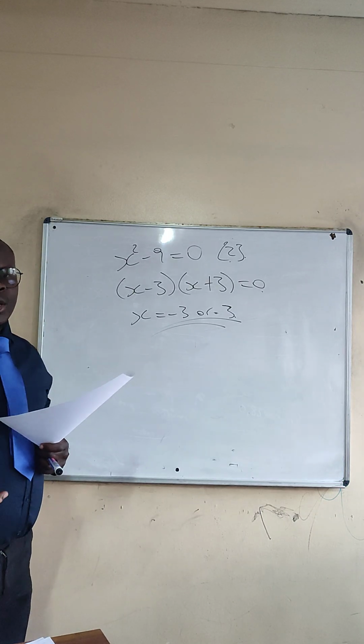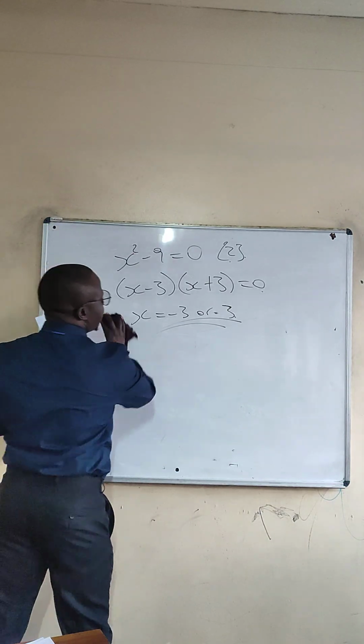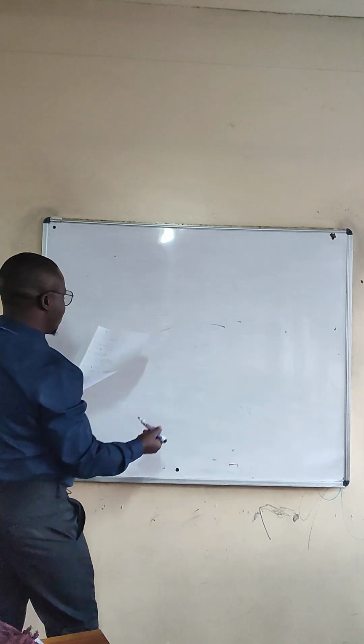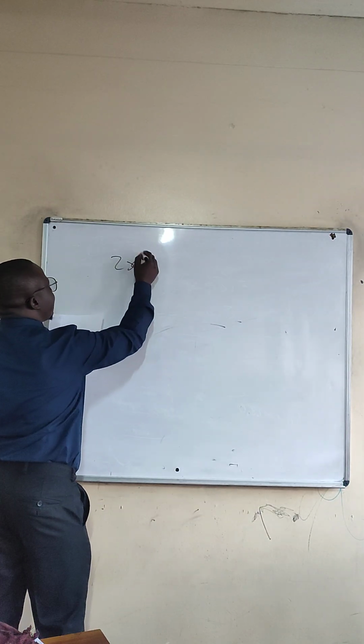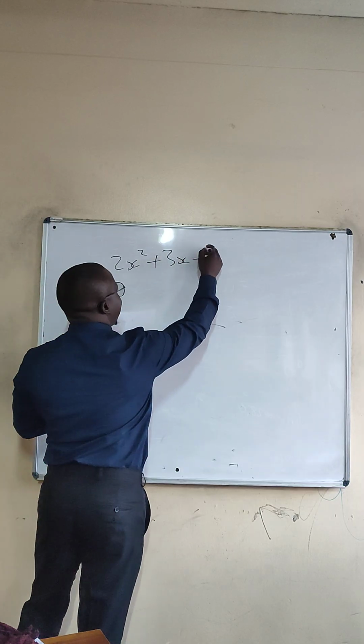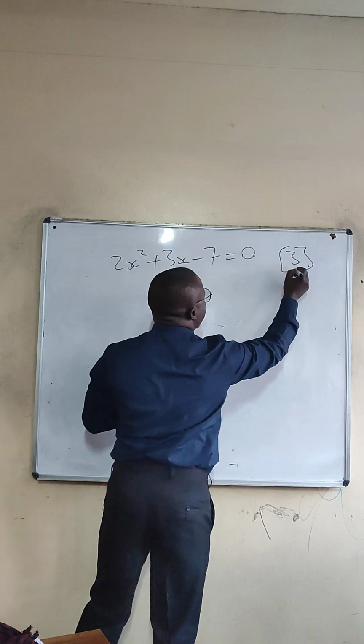The next question, as we know in algebra, is 2x squared plus 3x minus 7 equals 0, a typical question for 3 marks.